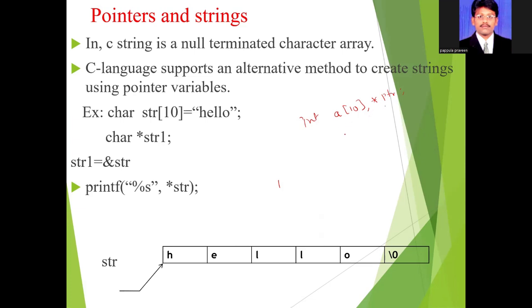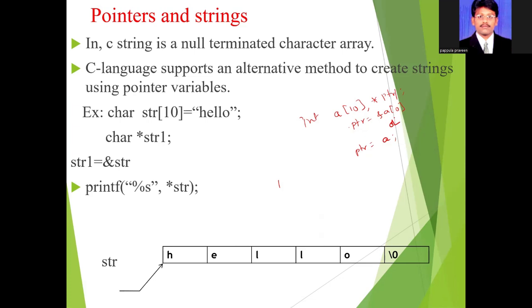Observe here: a of 10, comma, star ptr. Now, pointer is a variable. When we take ptr equal to ampersand a of 0, or ptr equal to a, a is the base address, and the base address is assigned to the pointer variable.